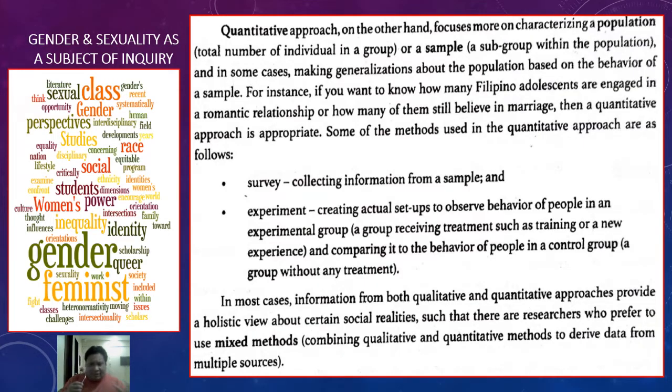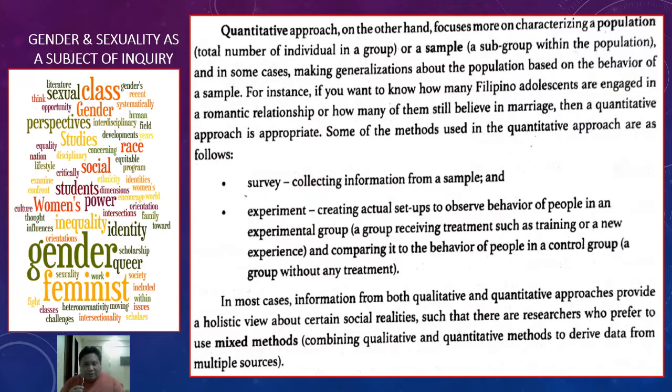Some of the methods used in the quantitative approach are as follows. The most common is the survey. So survey is collecting information from a sample, no? Another one is experimentation, no?